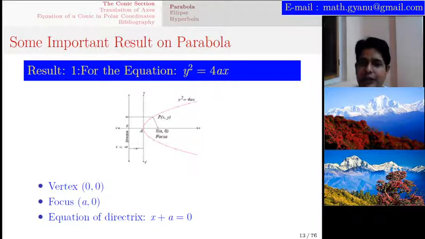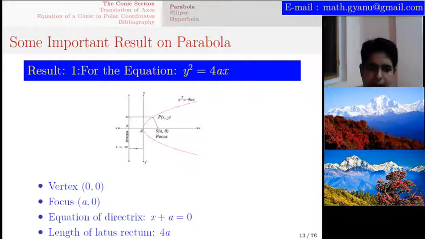So that means the curve simply turns opposite to the y-axis. At that time you will write the vertex is (0, 0), the focus is (-a, 0), and the equation of directrix will be x - a = 0. Or simply you will compare. At that time always keep 4a positive, so what will be the value of a.